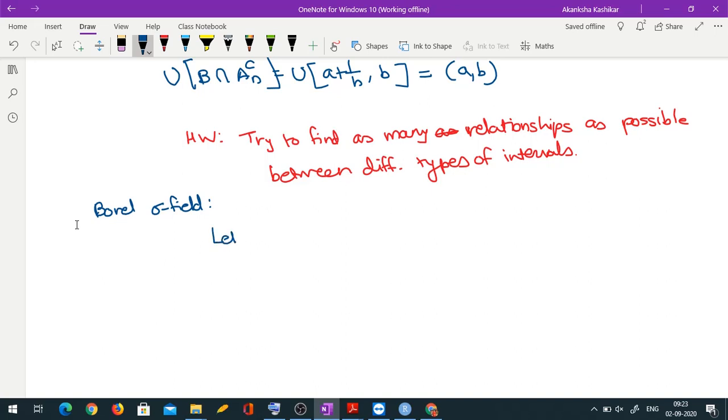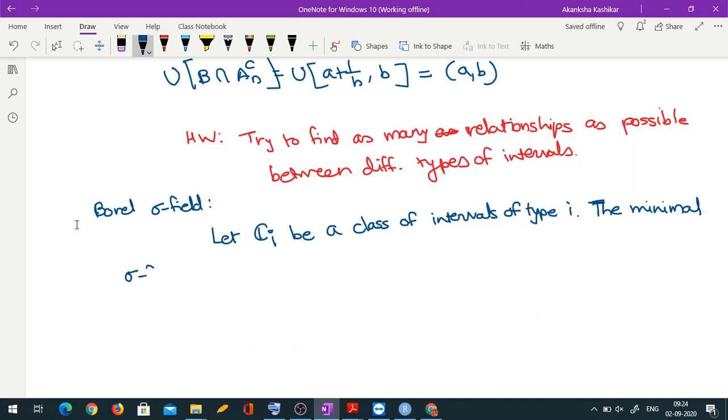Let Ci be a class of intervals of type I. We have 8 types of intervals above, so I'll have C1, C2 up to C8. Let Ci be a class of intervals of type I. The minimal sigma field generated by Ci is known as Borel sigma field.